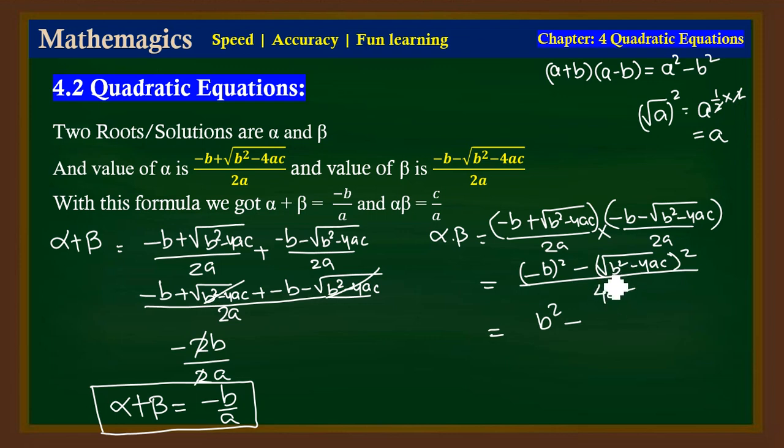So the root of b square minus 4ac whole square gives us b square minus 4ac, divided by the denominator 4a square.